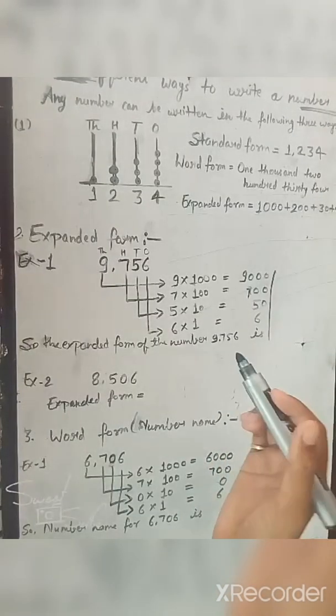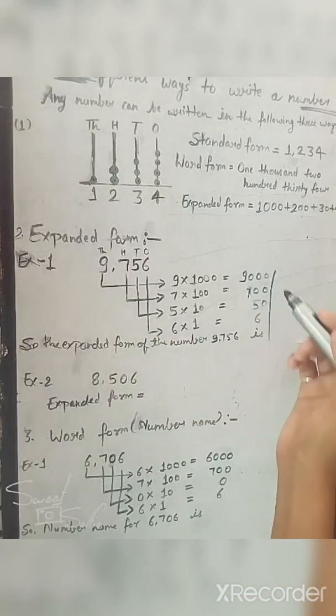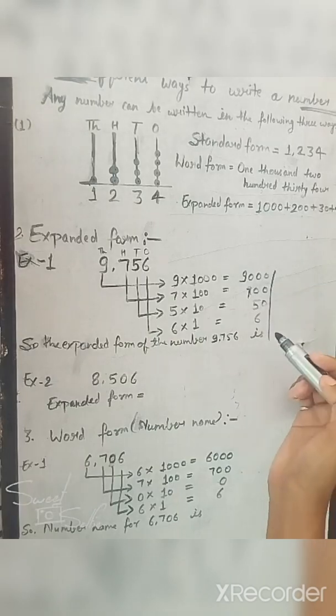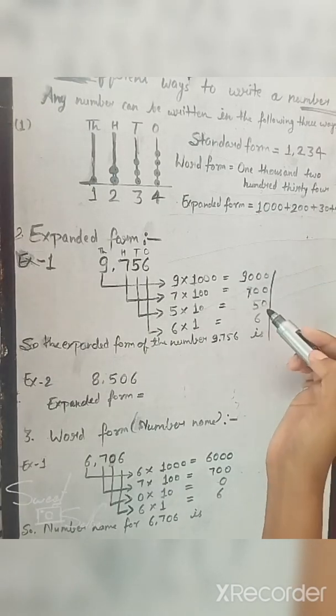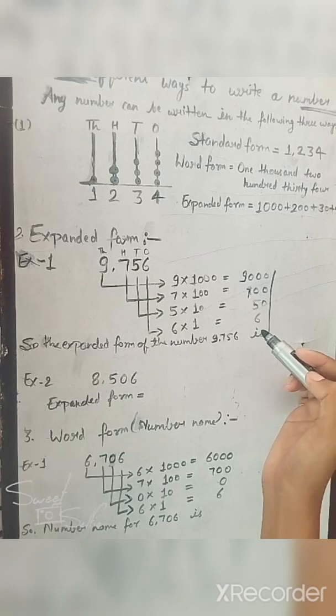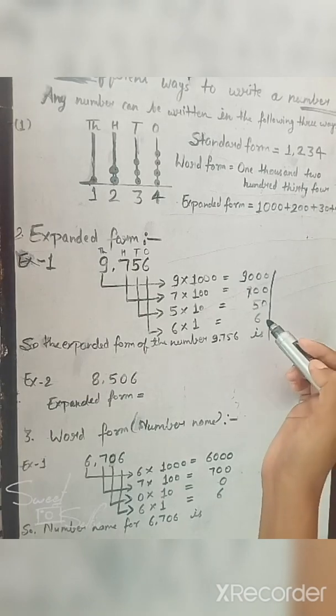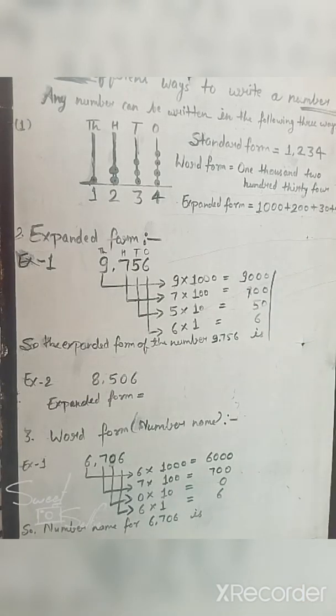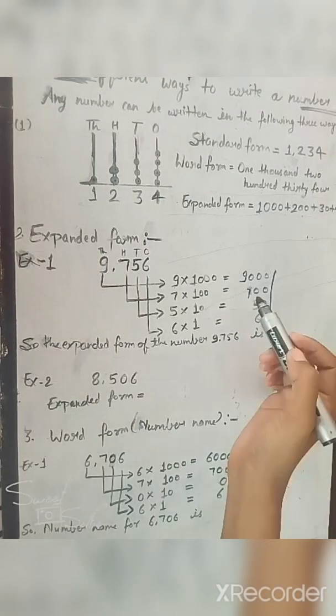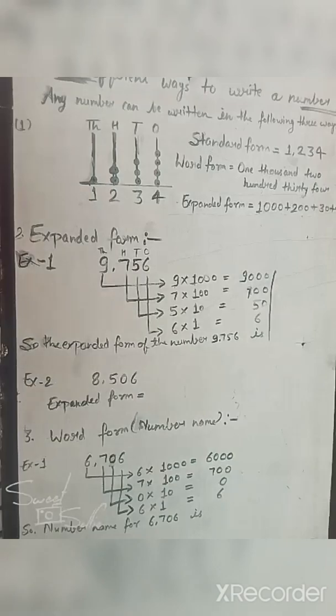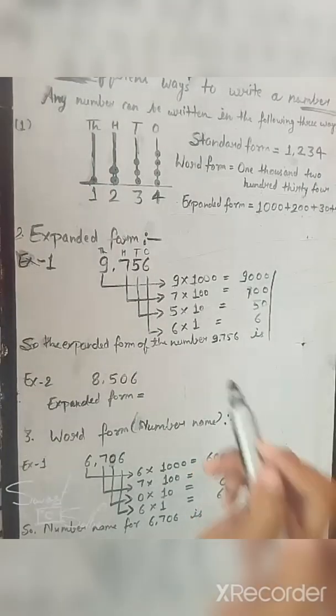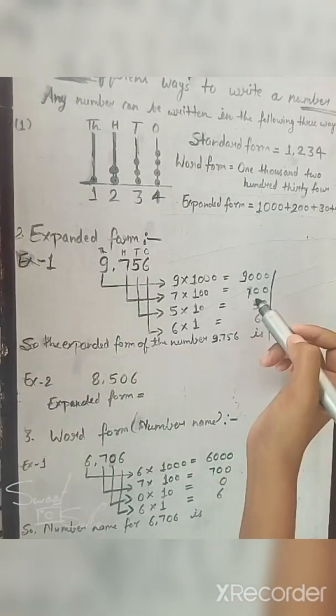So my dear students, now you can see these are the place values of 9756: 9000, 700, 50 and 6. Now it is very easy to write any number in expanded form. We only have to put a plus sign between them.